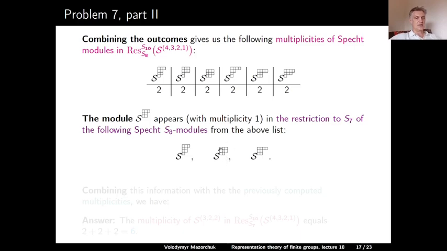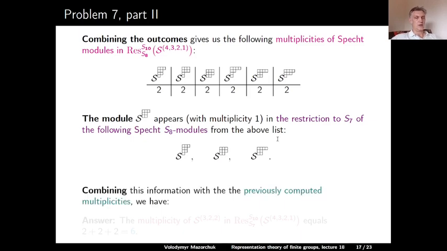We can start with S(3,3,2), delete the removable node in the second row to get (3,2,2), or we can start with S(4,2,2), delete the removable node in the first row and get (3,2,2). Each of them appears with multiplicity 2, and this appears in the restriction of each of them with multiplicity 1.